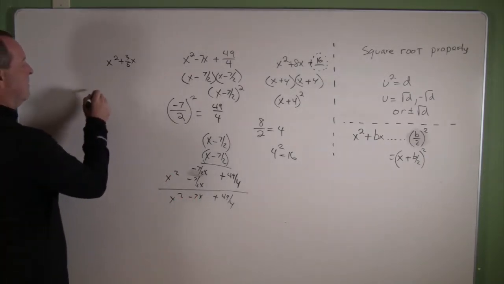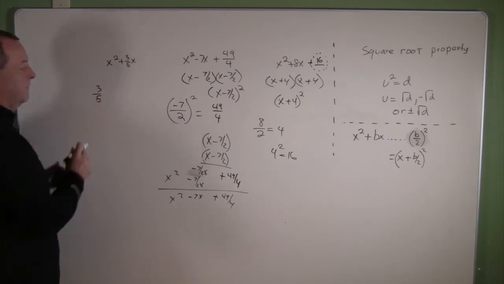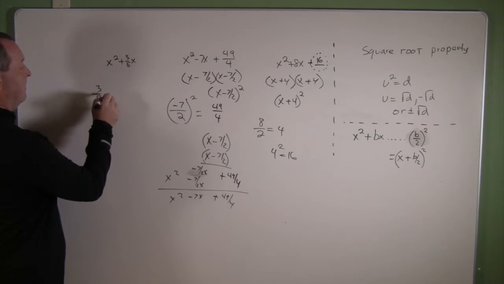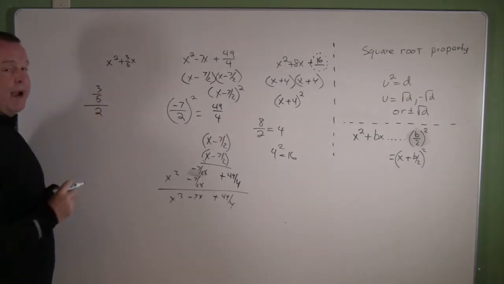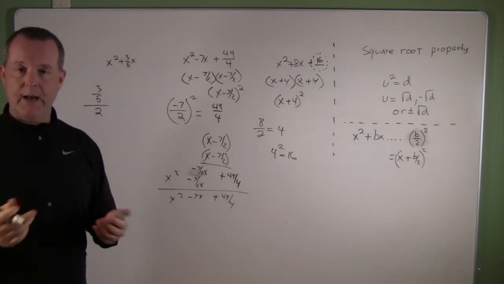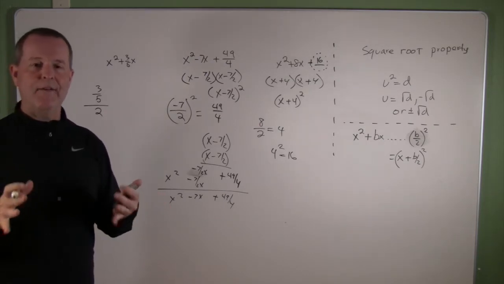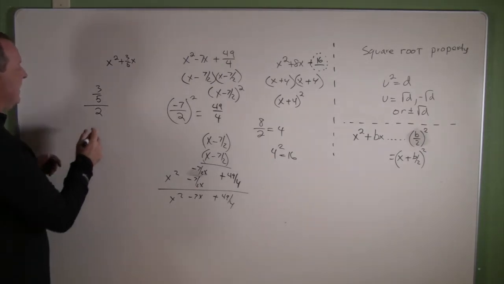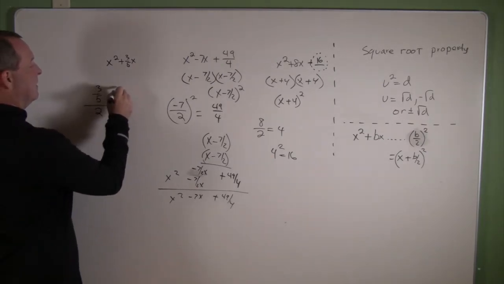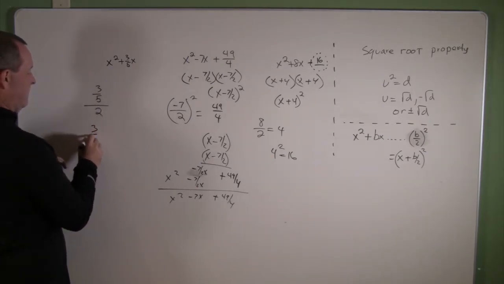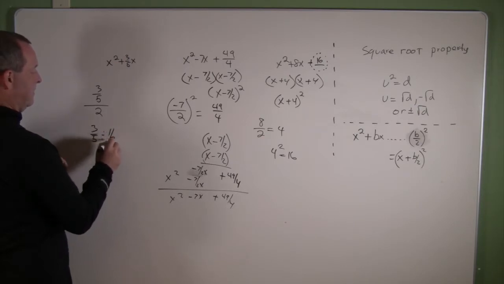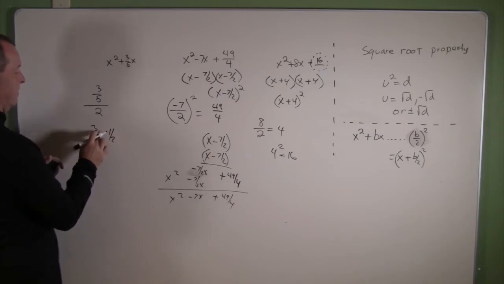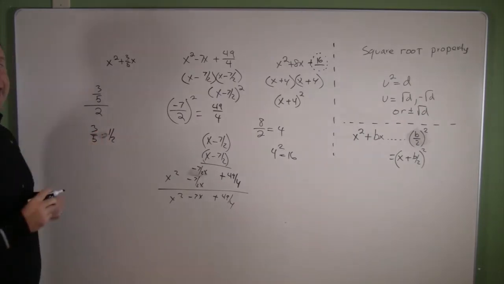So I take this middle term and divide it by 2. If we remember how to do that, or if we haven't worked with that yet, it's basically taking the 3/5 and multiplying it by 1/2.